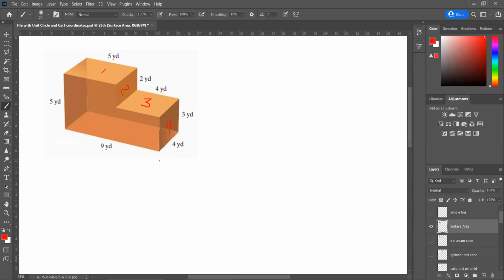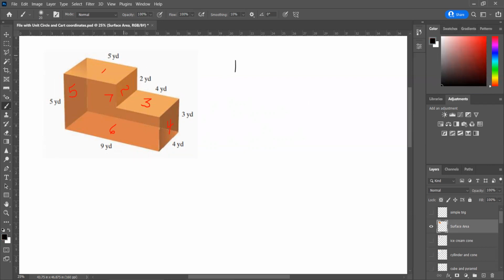We'll have a side 4 on that edge, maybe a side 5 back in the left side there. Side 6 will be the bottom. Well, actually, we'll call 7 the front, and 8 will be the back. So now we can just take those various sides and add them together.